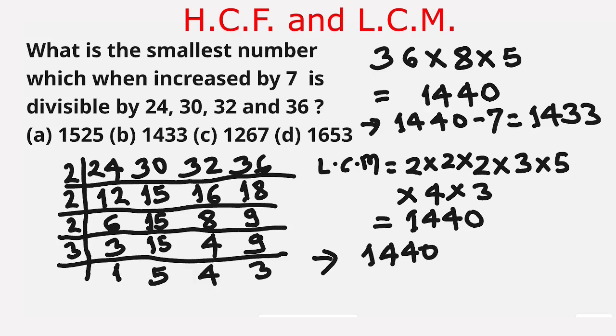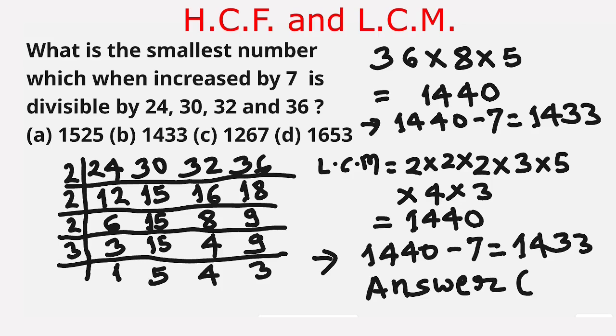Now our answer is 1440 minus 7, as the given condition is that we have to find that number which on increasing by 7 is divisible by the given numbers. So we will subtract 7 from it and it becomes 1433.